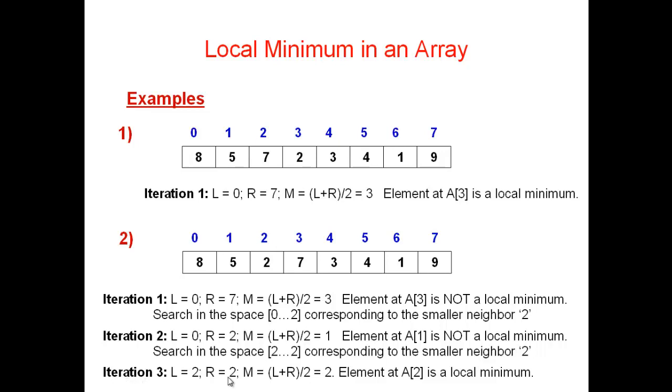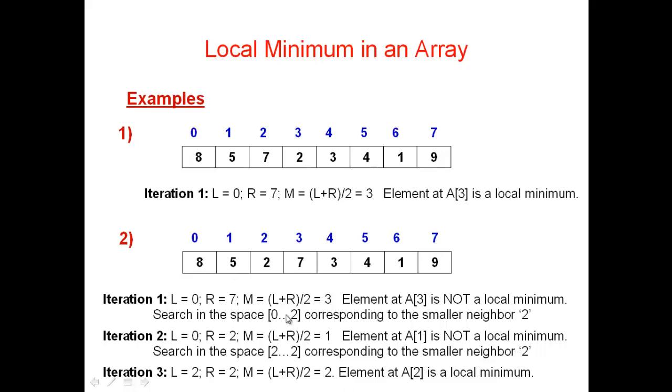The moment the left index equals the right index, because like the previous problem, the invariant property is that the local minimum is somewhere between the left index and right index, including the left and right index. So at the moment left index equals right index, that's where the local minimum is. The middle index is also 2, and at index 2 we find the element to be less than both its left and right elements. So we say it's a local minimum.